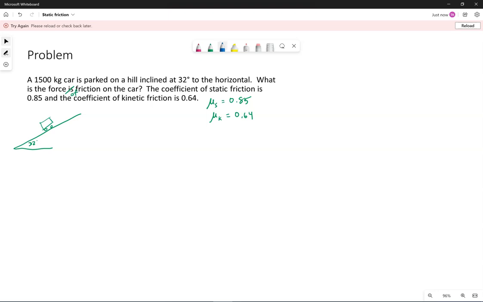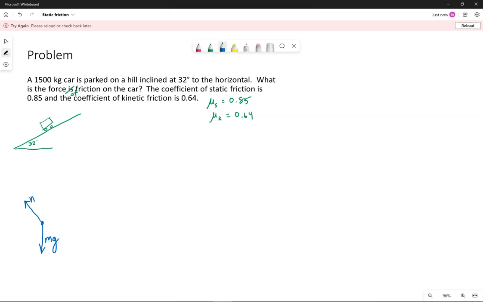So, finding the force of friction. Free body diagram. We know there's a force of gravity pointing straight down to the center of the earth. There is a normal force perpendicular to the surface.